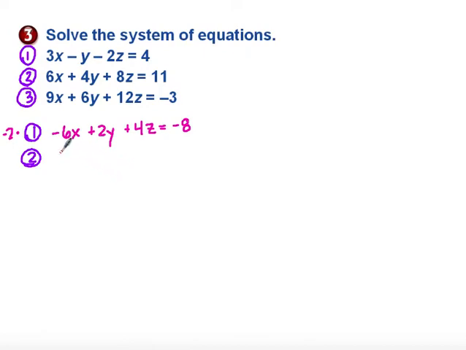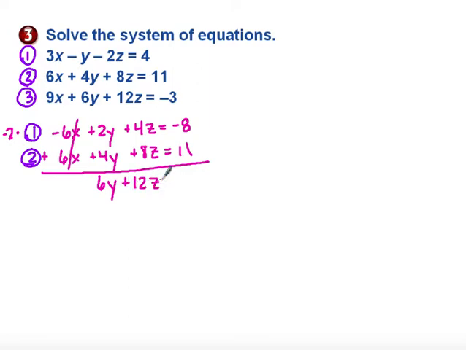I'm going to leave equation 2 the same and add those together. You can see that my x's are canceling out. I have 6y plus 12z equals 11 minus 8, which is 3. And this is going to be equation A.